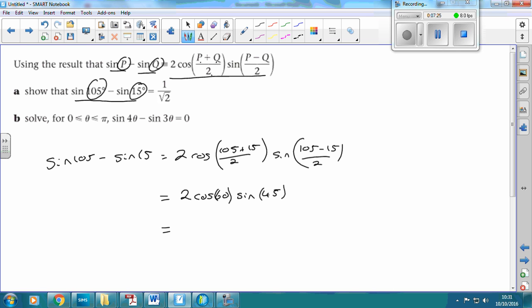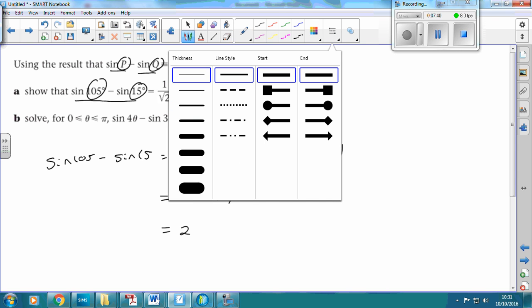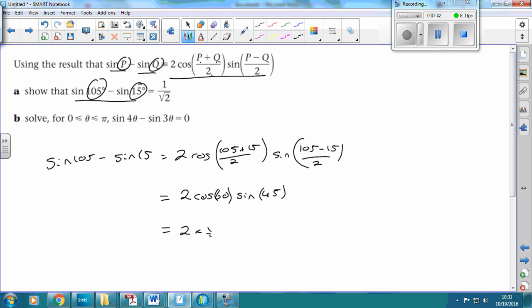Okay, so then if we multiply that together, 2 cos 60 is a half. 2 times by a half times by root 2 over 2. So 2 times a half is going to cancel out, so we end up with root 2 over 2.